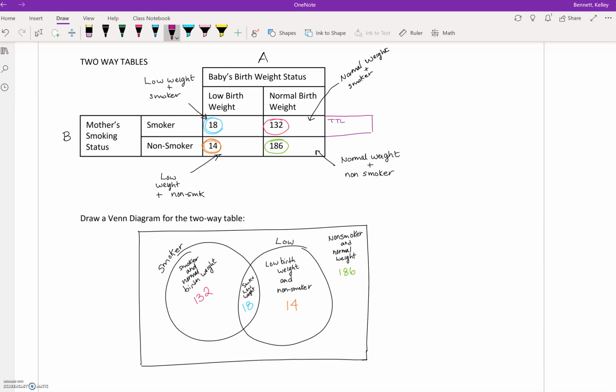This is total smokers, SMK. So that's 18 plus 132, which equals 150. And then similarly, I could do this over here. This is going to be total non-smokers, and that's going to be 14 plus 186. So that equals 200.